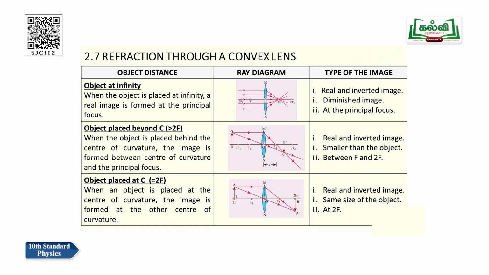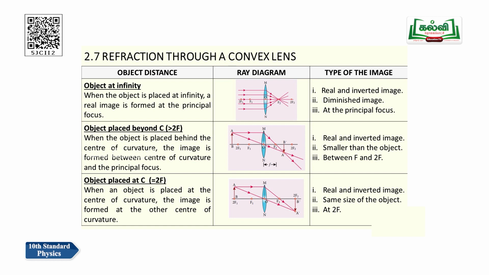The object placed beyond C, that is, greater than 2f. AB is the object. Here you see the diagram: AB is the object kept beyond 2f1, or beyond C. If it is kept beyond C, what happens? We have to follow two rules. The first rule is a ray parallel to the principal axis, and the other ray is the ray that passes through the optic center.